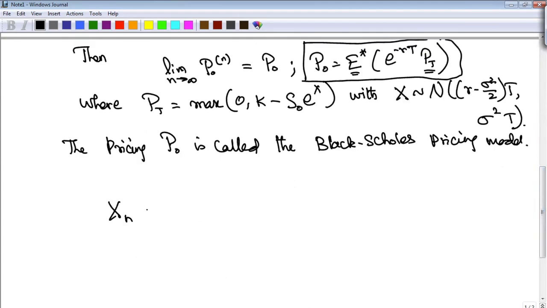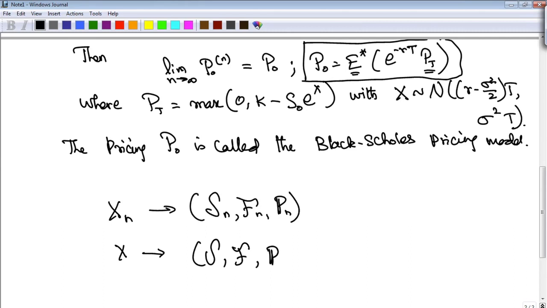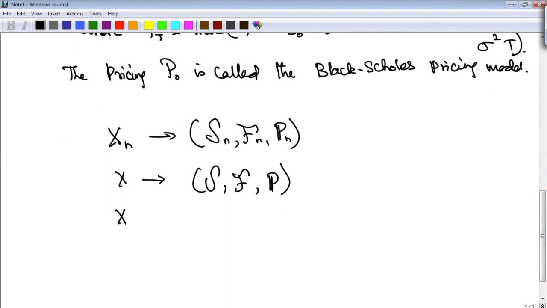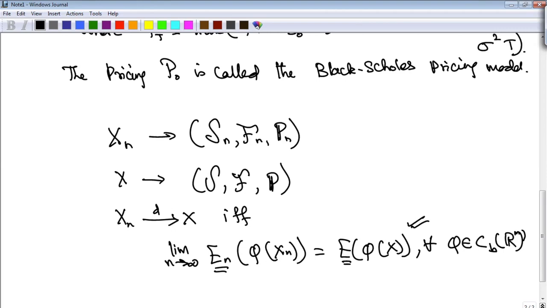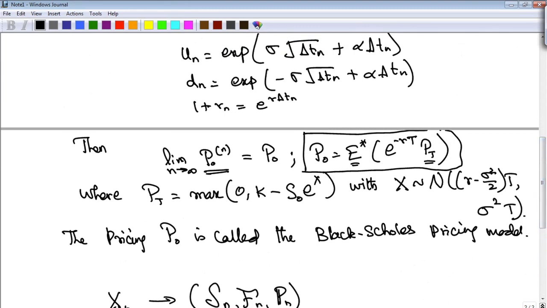For instance, if xn is defined on the probability space Omega, Fn, Pn, and x is defined on the probability space Omega, F, P, then by definition xn converges to x in distribution if and only if the limit as n tends to infinity of En of phi of xn is equal to E of phi of x for all phi in the space of all bounded continuous functions on Rm, where En is the expectation with respect to the probability measure Pn, and E is the expectation with respect to the probability measure P. So we used this property to conclude the convergence of the sequence P naught n to this.